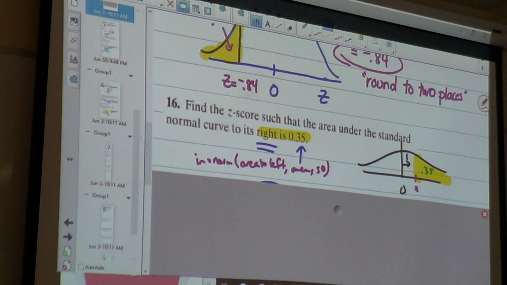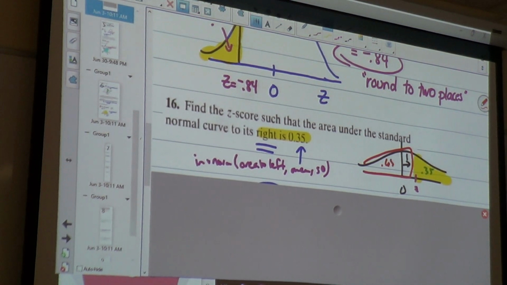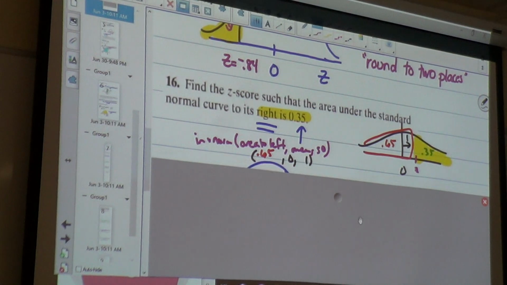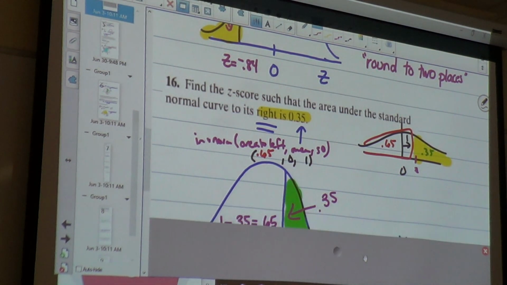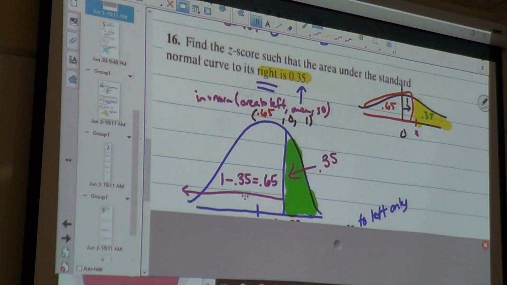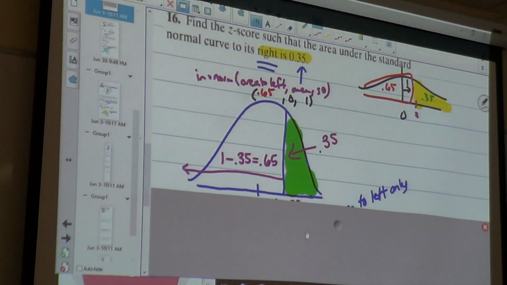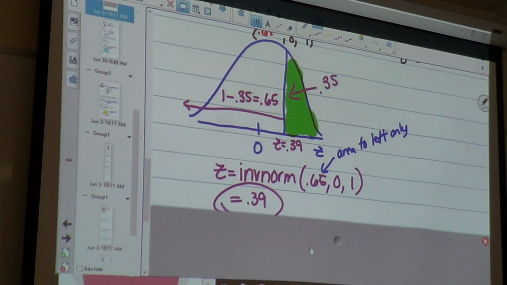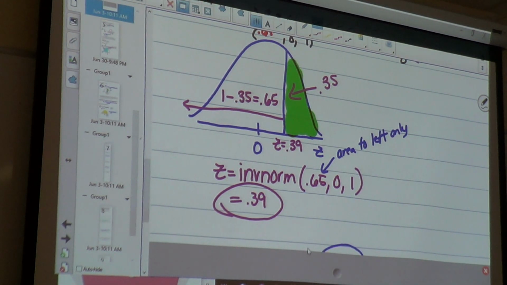So I needed to figure out that this is 0.65, 0, and 1. I had to get the area to the left. So if that's 0.35, I did 1 minus 0.35 to get the 0.65 because it had to be the area to the left. So my answer was 0.39. That is my z-score.